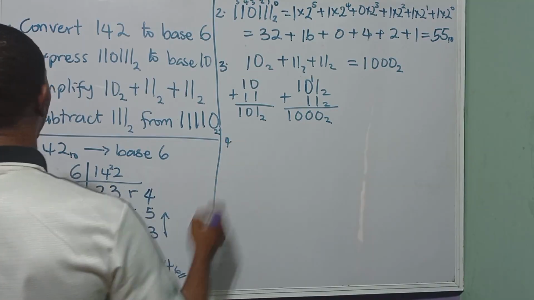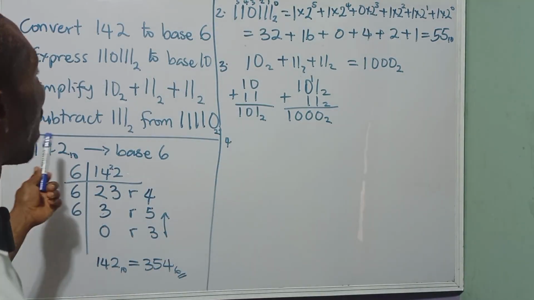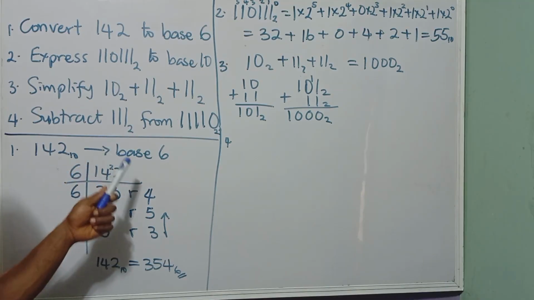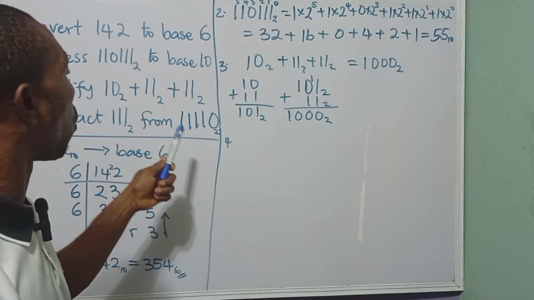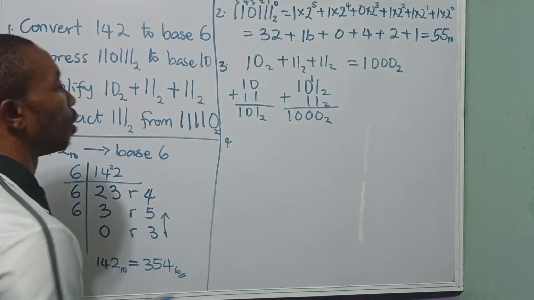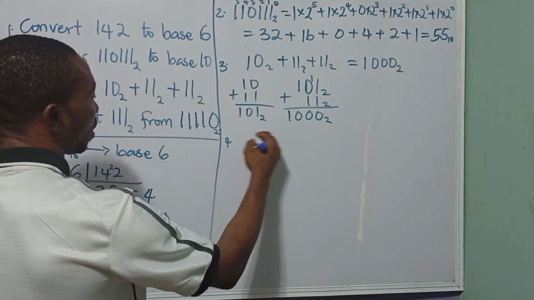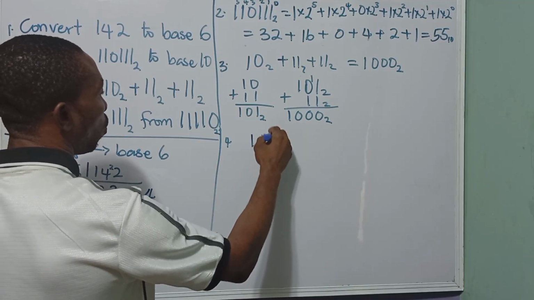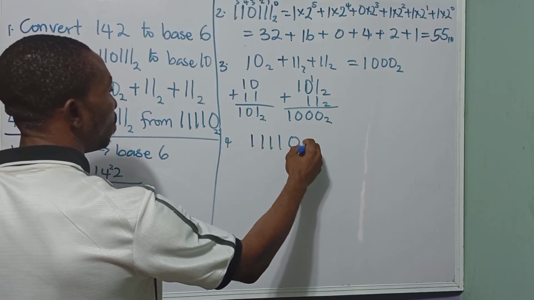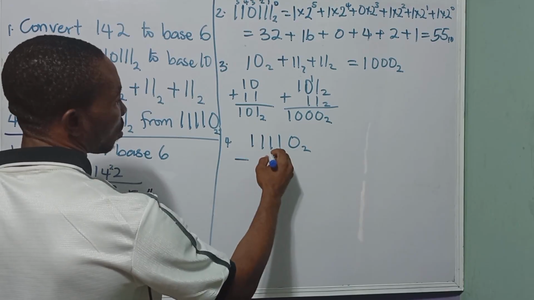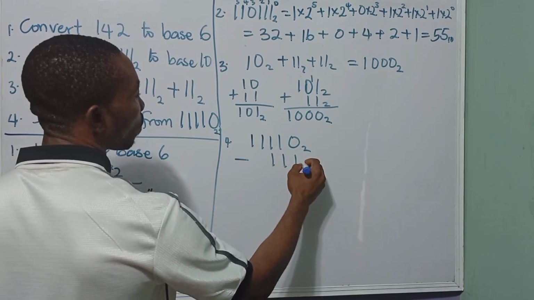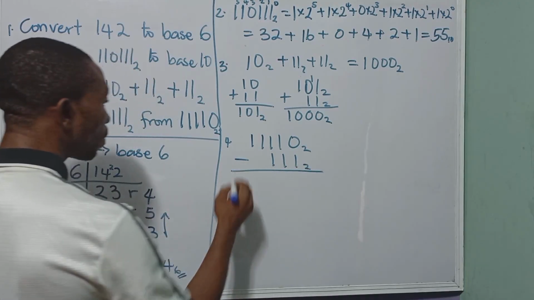Alright, now to our fourth question, it says subtract 111 base 2 from 111110 base 2. Now if you have to subtract this, that means in writing we have it as 111110 base 2 minus 111 base 2.